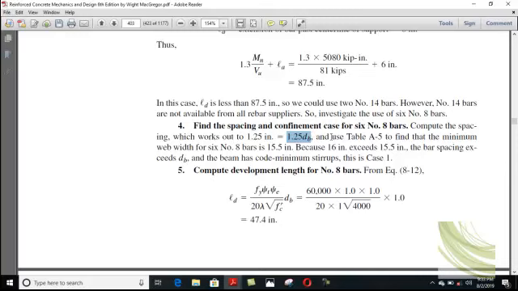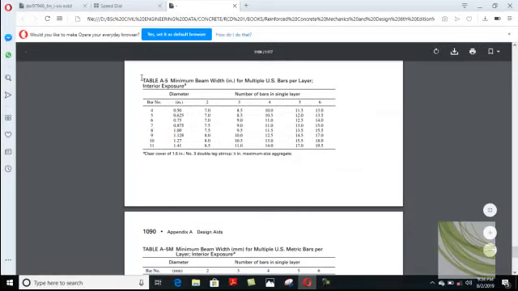And you use table A15, at the last pages of this book, to find that the minimum width for 6 number 8 bars will be 15.5 inches. As you have 16 inches, your minimum width is also okay. To check the clear spacing, if you are providing number 8 bars having 6 total number of bars, you need a minimum 15.5 inch width.